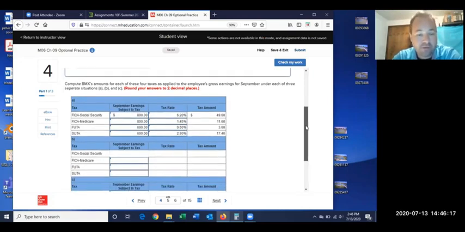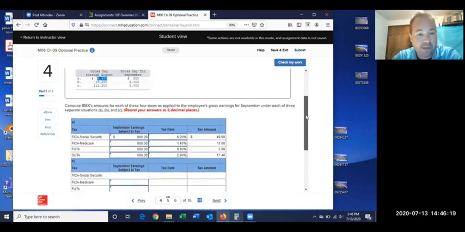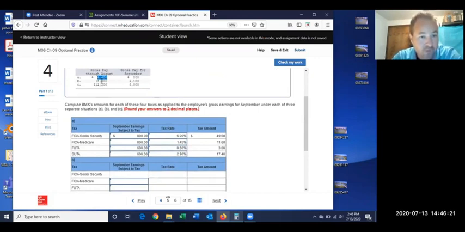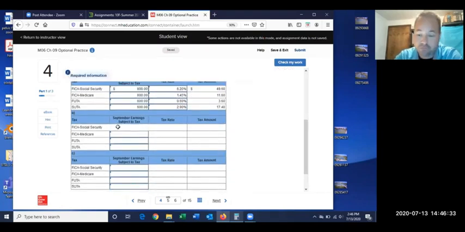Now, when we come down here, for our next individual, they have already gone way over the FUTA and SUTA cap, but they're nowhere near the Social Security cap. So they made 2,100. I can put in the full 2,100, 6.2%.